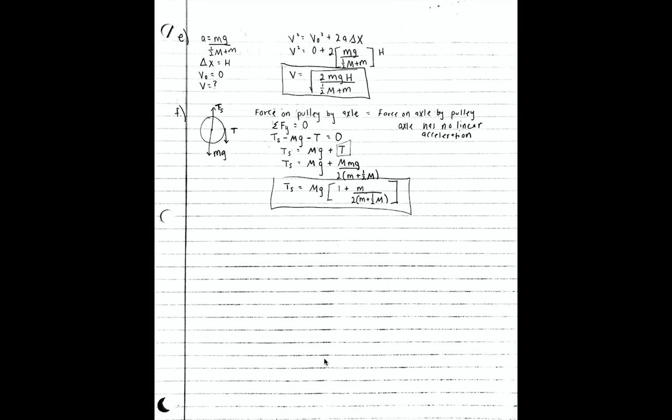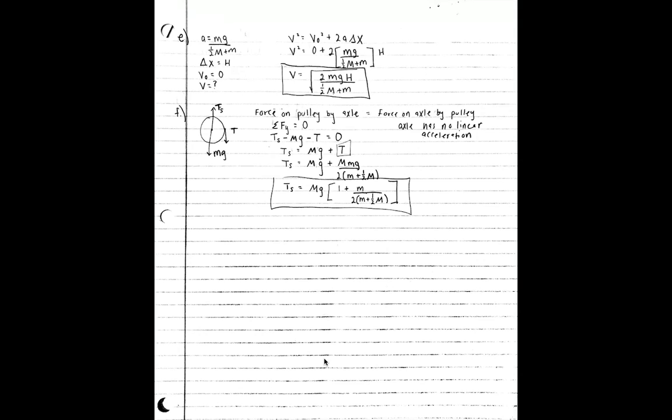We have the tension due to the support, which is positive, minus the force of gravity, minus the tension applied by the bucket is equal to 0. When we solve for the force due to the support, we find that it's equal to the force of gravity plus the tension. We have an expression for tension from part D in terms of the given variables.